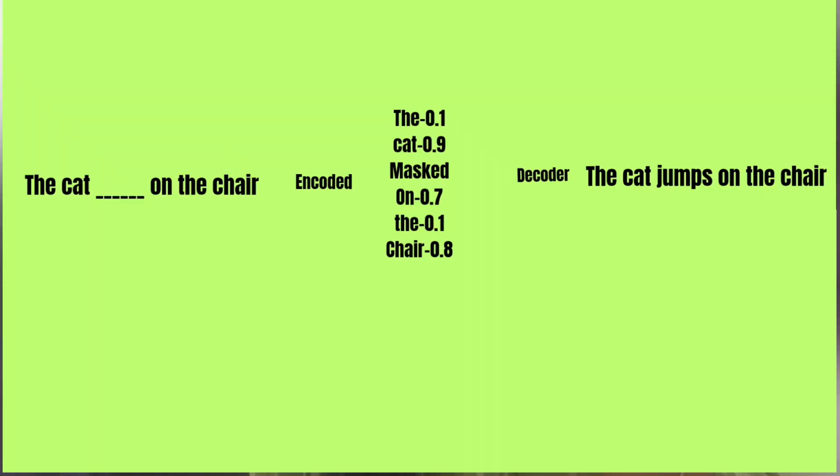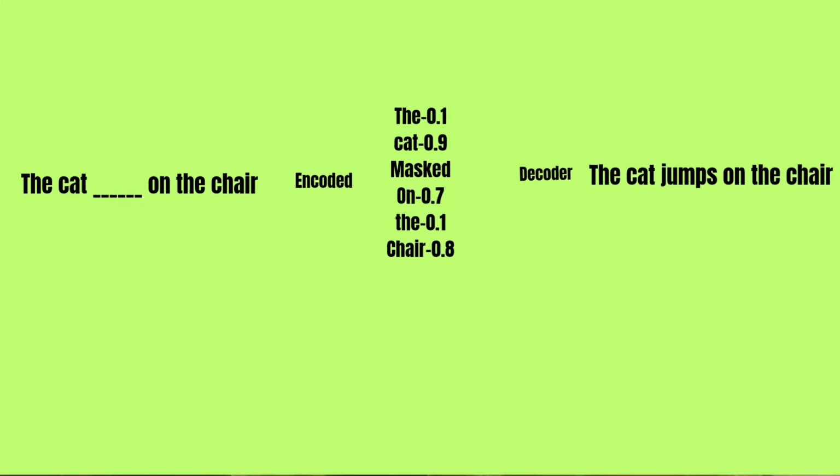Now the part of the decoder is to fill up the blanks and generate the output to the human user. The decoder will try to decode these numbers from its pool of dictionary. How can it decode?